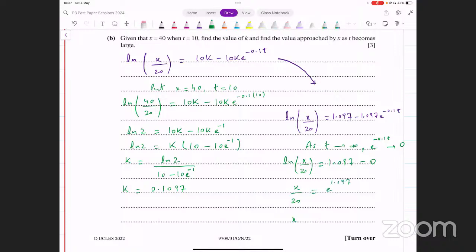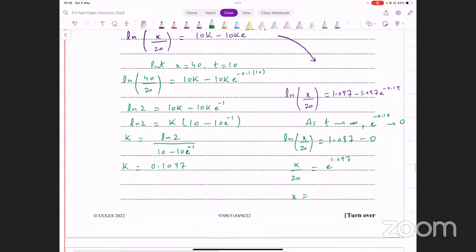And now 20 goes to the other side, gets multiplied by that. You can see what this results in: e raised to power the answer, multiplied by 20. This is giving me 59.903. That's the value of x that we get from this. As t becomes very large, x approaches something close to 59.9. And that is what we were looking for.